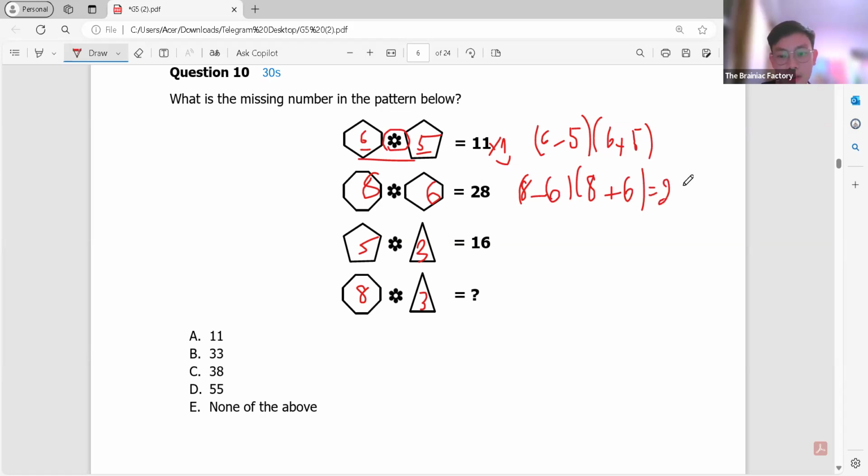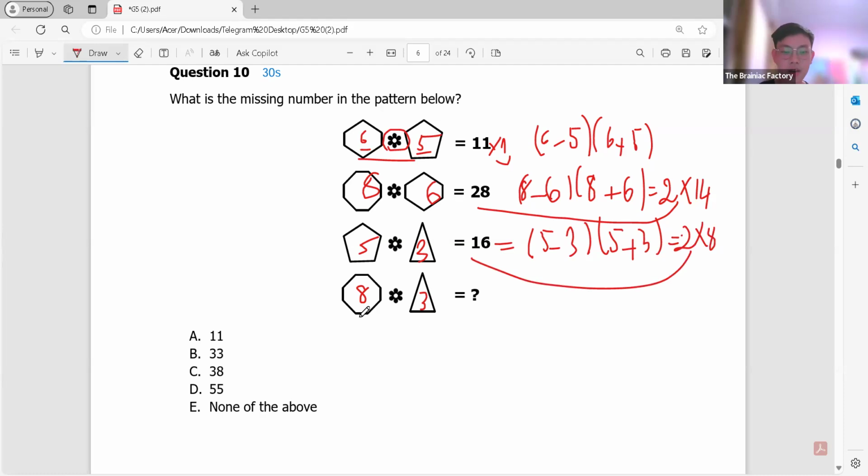So 2 and 14, it's giving us 28. And this one also, which is 5 minus 3, 5 plus 3, it's also giving us 2 times 8, which is 16.